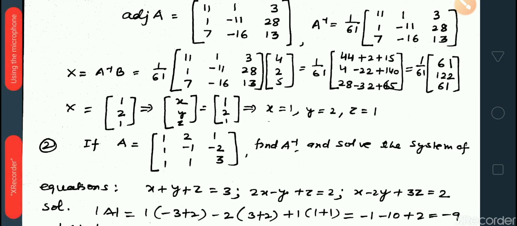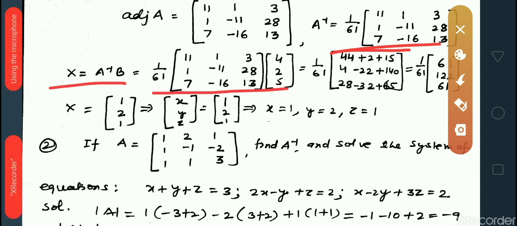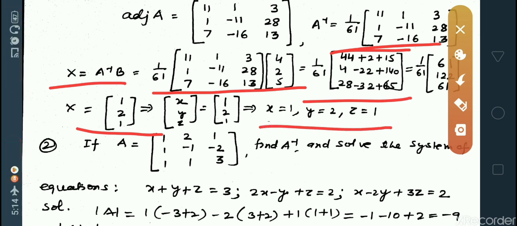And A inverse is equal to 1 upon 61 times this matrix. Okay, X is equal to A inverse B, put all the values, you will get this, and after solving you will get this, and here x is equal to 1, y is equal to 2, and z is equal to 1. This is the required solution.